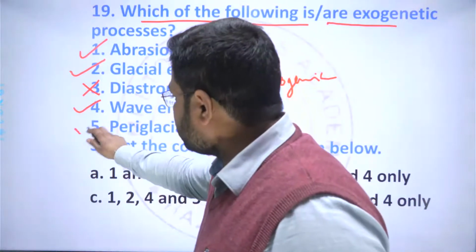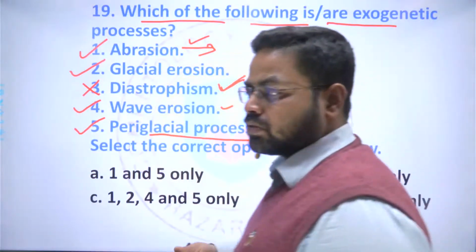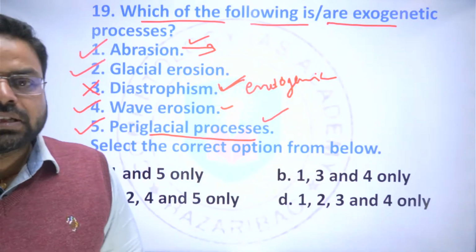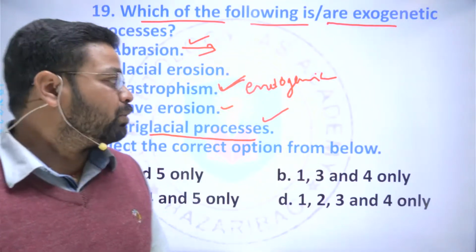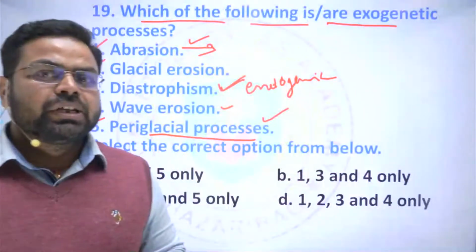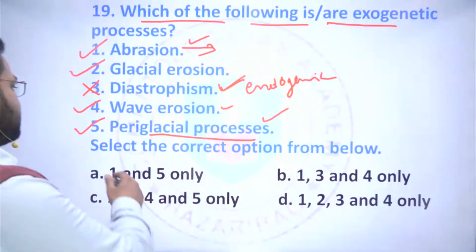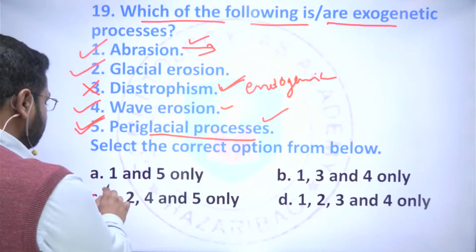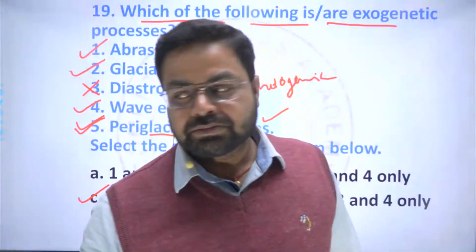And the periglacial process, periglacial erosional or land forming process, goes on in the periglacial regions, just on the margin of the polar regions where there is seasonal freezing and thawing of the land surface. And again this is an exogenic process. So here the answer will be C, that is 1, 2 and 5, right?